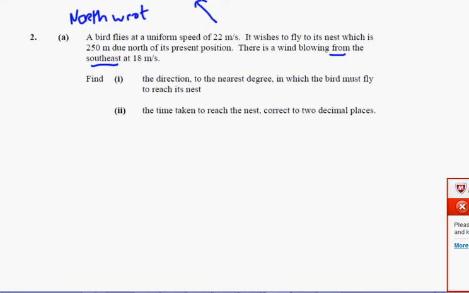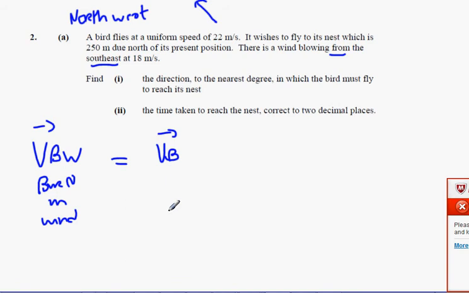Okay. Now, what you do is, there's a tricky question here. Now, what you have to realise is velocity of bird. That means the velocity of the bird in wind. Velocity of the bird is what actually happens to the bird.